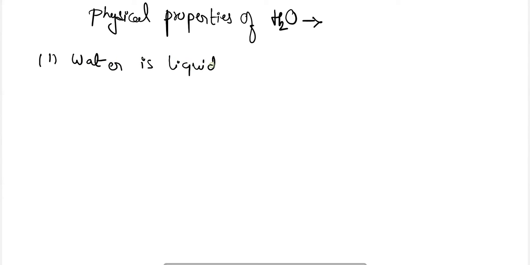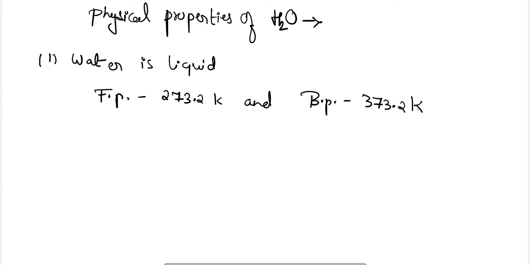Physical properties of water. So first, water is liquid at room temperature. Its freezing point is 273.2 Kelvin, and its boiling point temperature is 373.2 Kelvin.